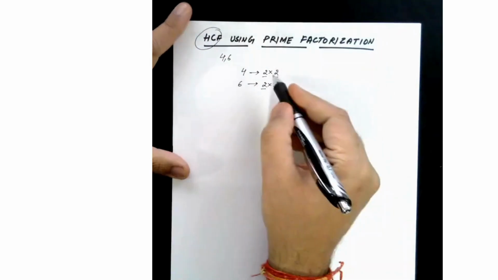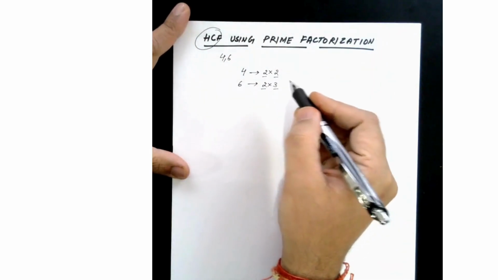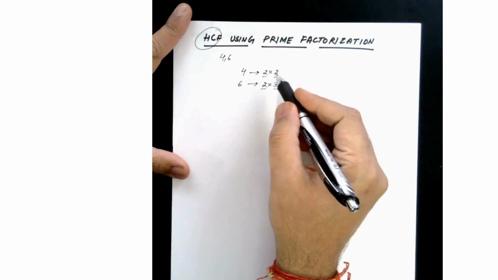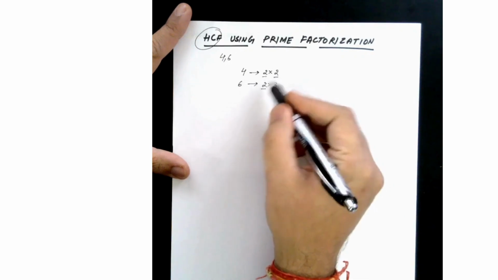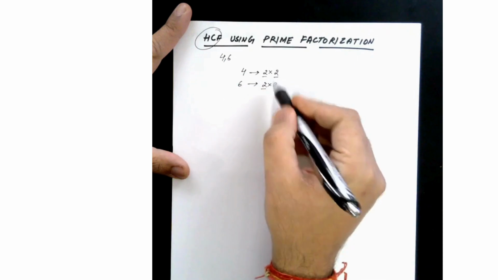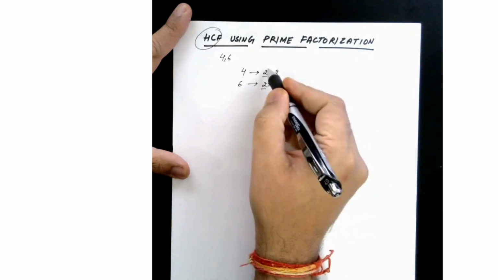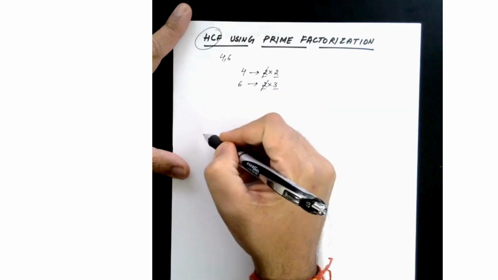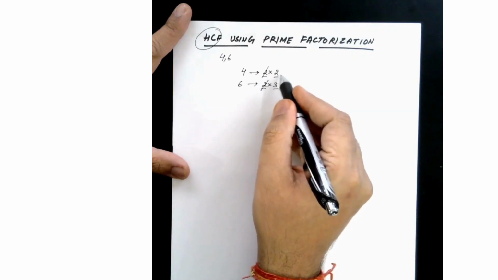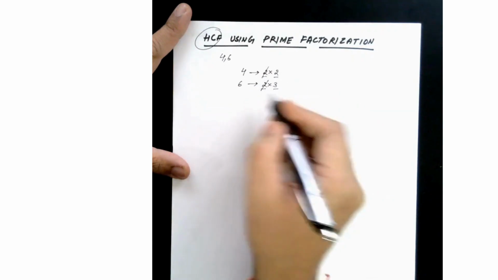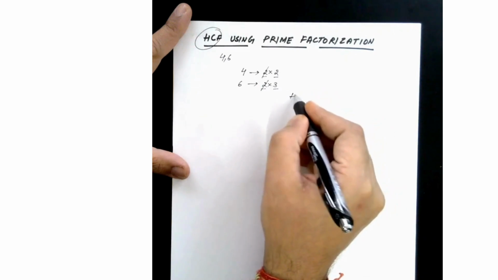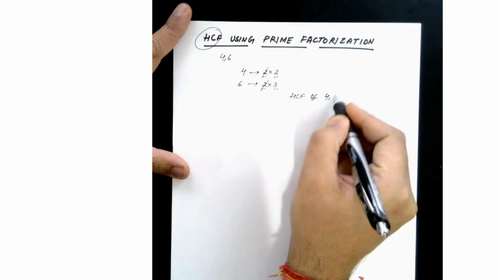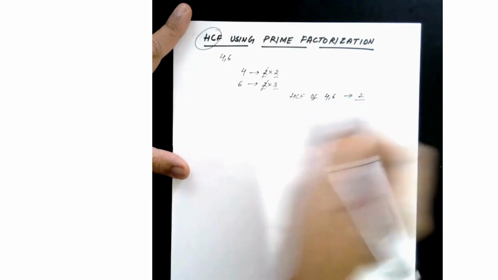In both cases we will find the maximum prime numbers which are common between these two numbers' factors. You can see here one 2 from 4, another 2 from 6, this is common, and there is no other prime factor left which is common. So HCF of 4 and 6 is 2.